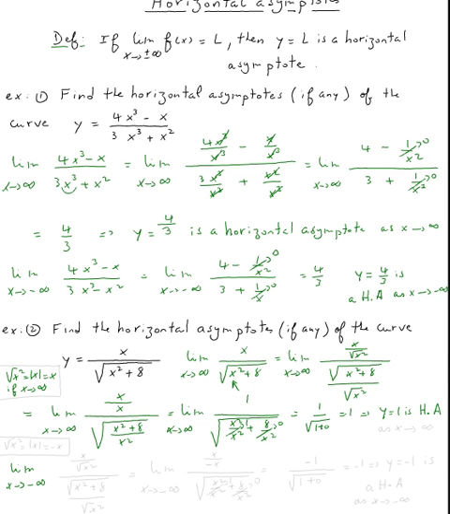It's exactly the same thing: we have x, and we divide by the square root of x squared over the square root of x squared plus 8 divided by the square root of x squared. The only difference is that the square root of x squared is equal to the absolute value of x, but since x is negative, this is going to be minus x. Make sure, this is really important.